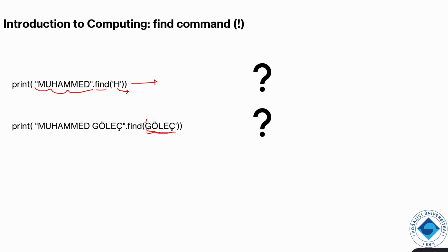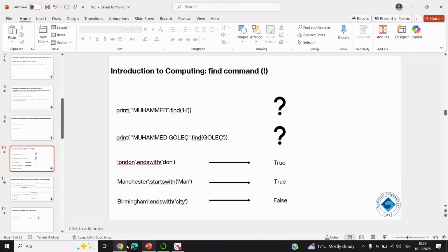For example, here it is college, so the first letter is G. It's going to start from here 0, 1, 2, 3, 4, 5, 6, 7, and there's a space, it's 8, and it's going to return 9. Let's see on Anaconda.